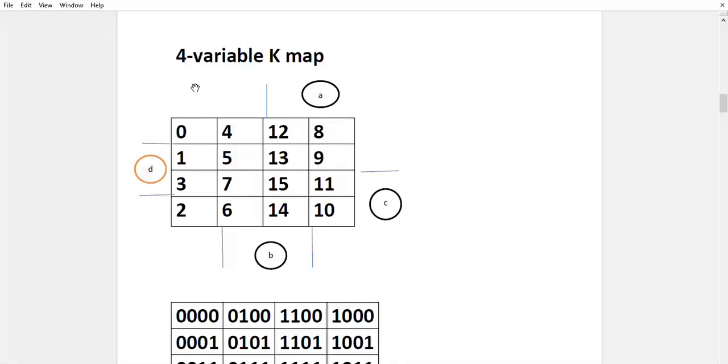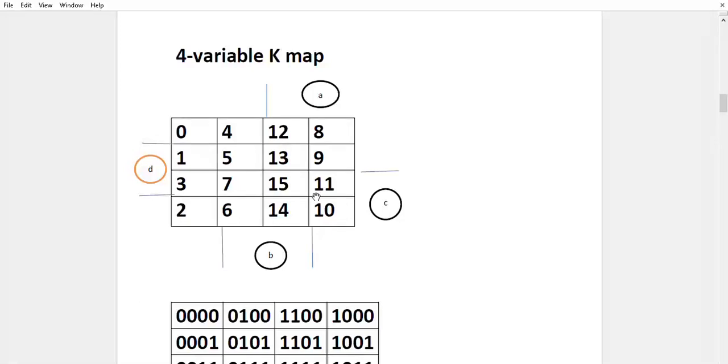But in the first column and the second column, the letter A takes the role A dash. So every square here starts with A dash. Like that B placement is in the middle, second column, third column. It occupies B itself. And the first column and the last column occupy B dash.